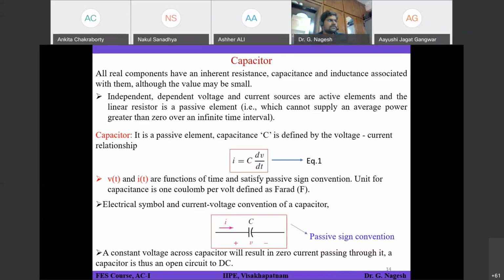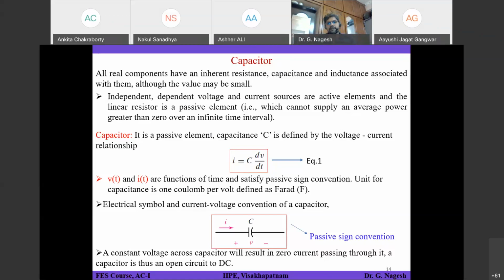That means if you are applying a DC voltage, which is a constant voltage, in that scenario the current flowing through the capacitor is equal to zero. After steady state has been reached, initially it will keep on charging and build some amount of voltage across the capacitor. Once the voltage is built, after that the voltage remains constant and no current will flow into the capacitor terminal.